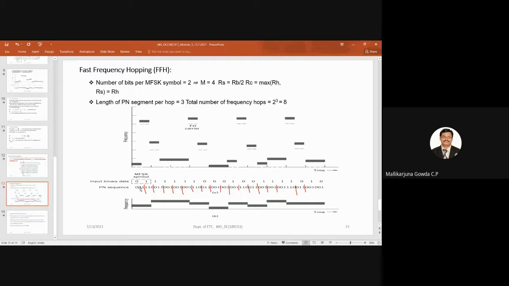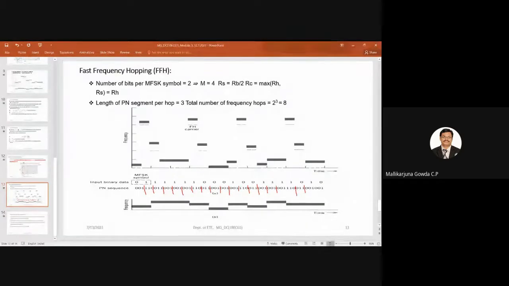How many hopping frequencies are there? First, how many symbols are there? Is it possible to mark from your end the number of symbols? Like first 0, 1 is marked, no? Like that, is it possible to mark how many symbols are there? 10. 10 symbols are there. I will try to put the tick mark.